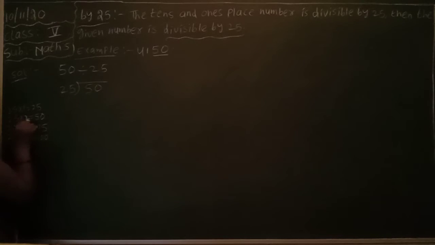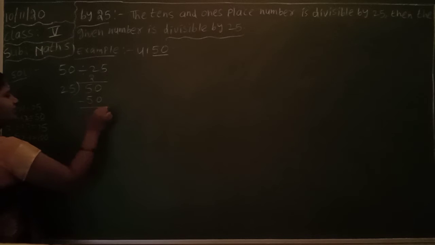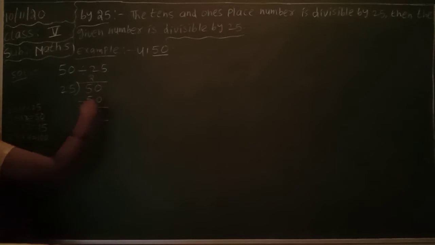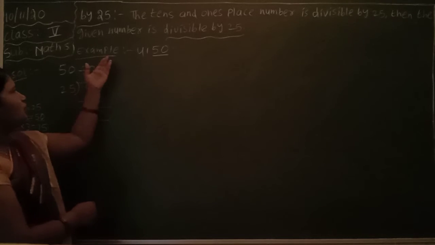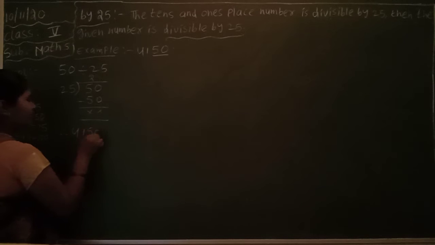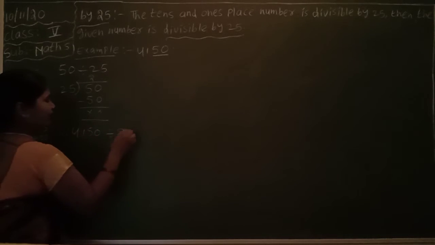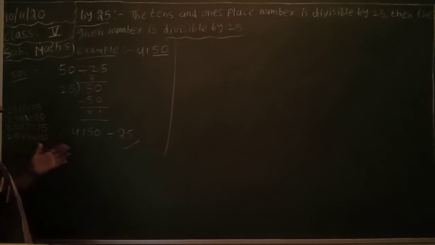Here 50: 25 twos are 50. Minus, 0 0. So here we did not get any remainder. So 4150 is divisible by 25. This is your answer.